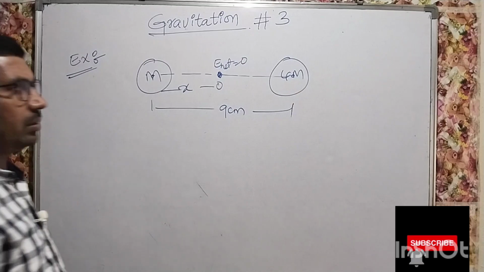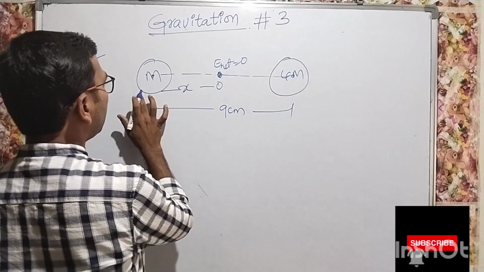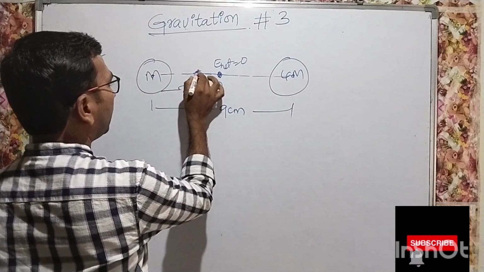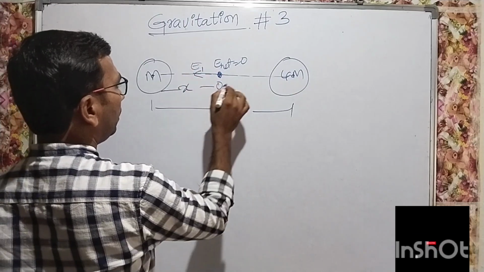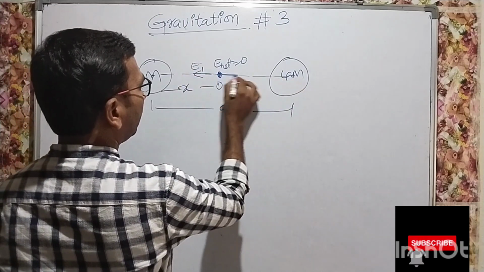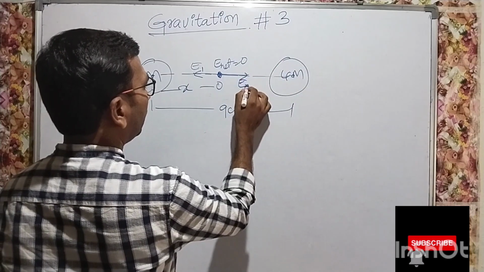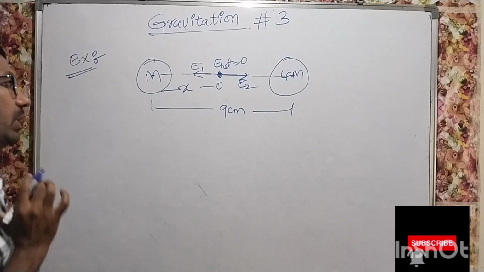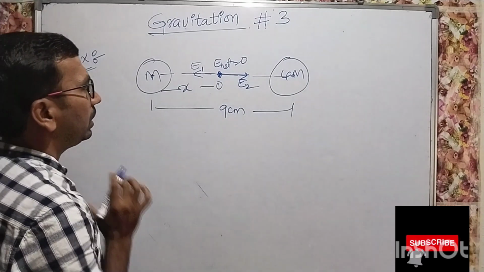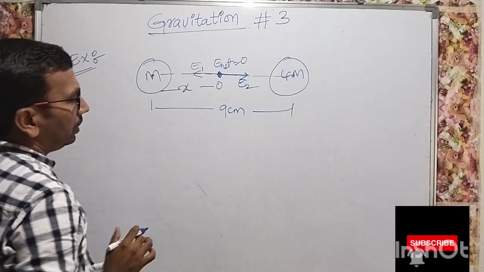Due to this mass, the gravitational field acts in this direction, that is E1. Due to this mass, it acts in this direction, that is E2.